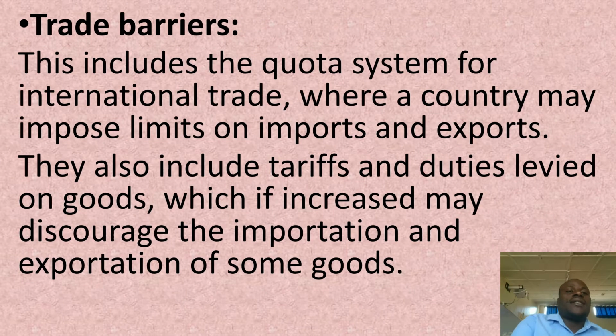Trade barriers. These ones affect international trade negatively, especially when some countries create barriers that limit importation of goods into a country or exportation of some goods to other countries.